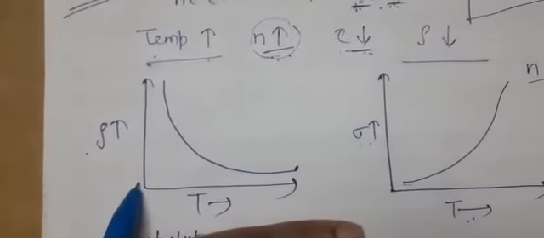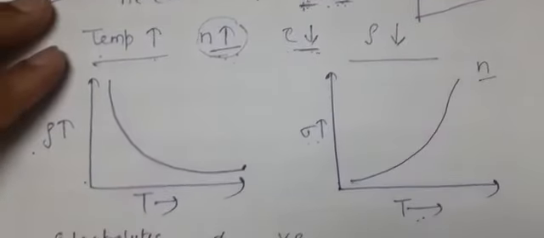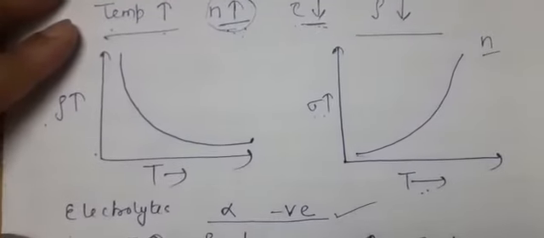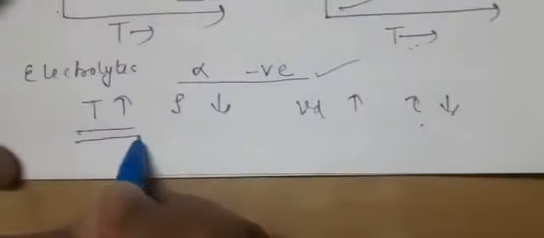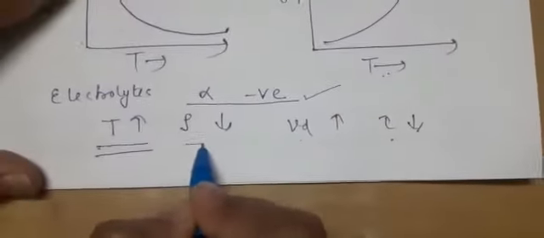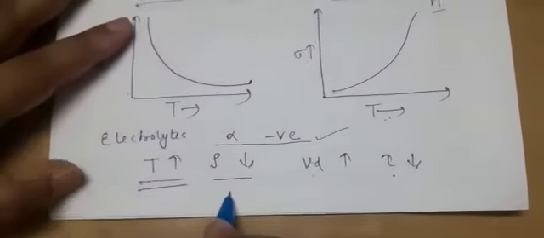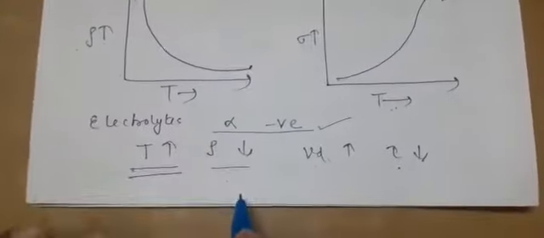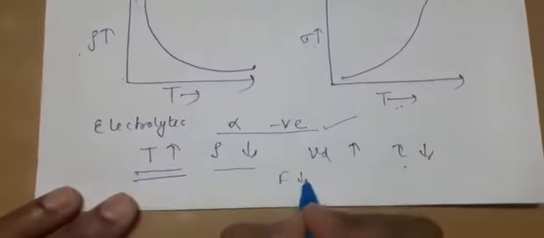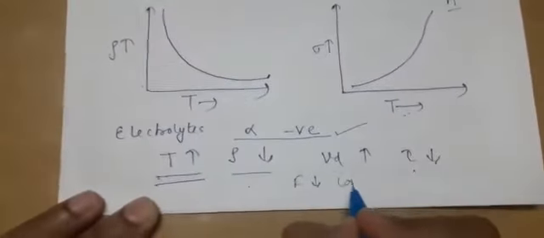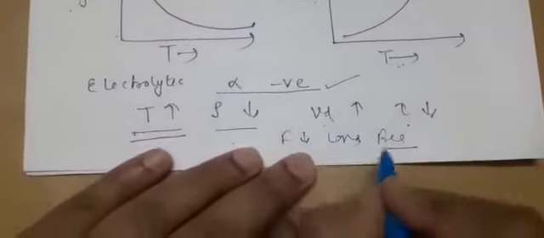Now, if we discuss it for electrolytes, the temperature coefficient is negative. With the rise of temperature, resistivity of an electrolyte decreases. When the electrolyte is heated, the inter-ion attraction force decreases. When this force decreases, ions become free for motion and can move easily.